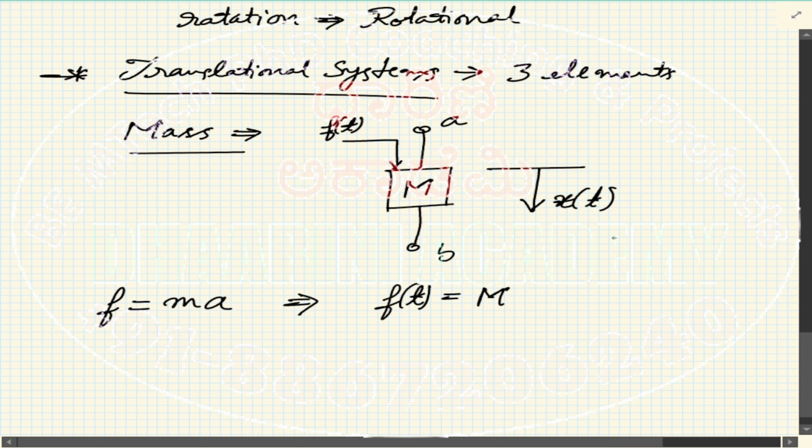You have an equation for, say, displacement. How do you convert that into velocity? Velocity is displacement by time, correct?